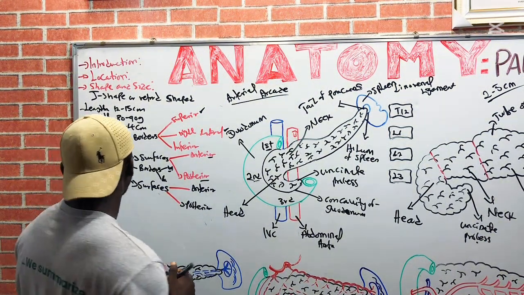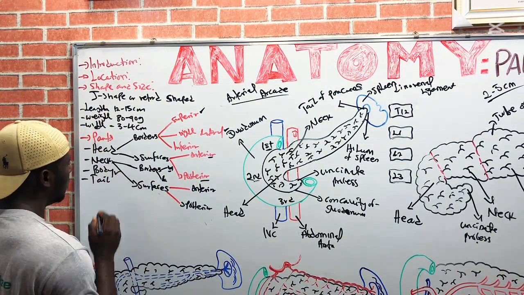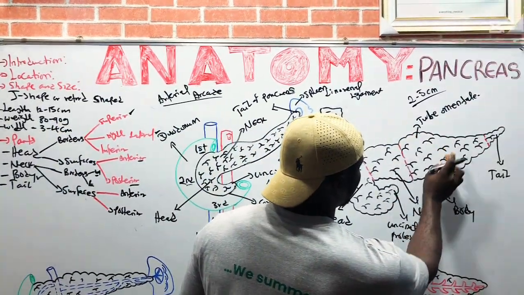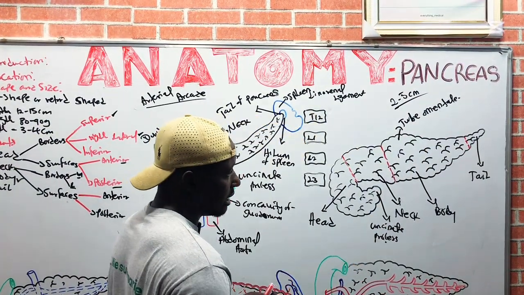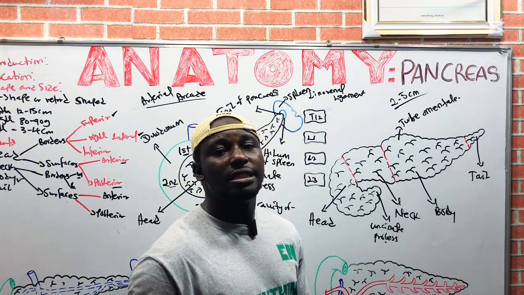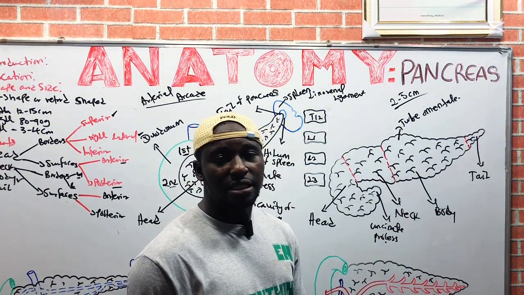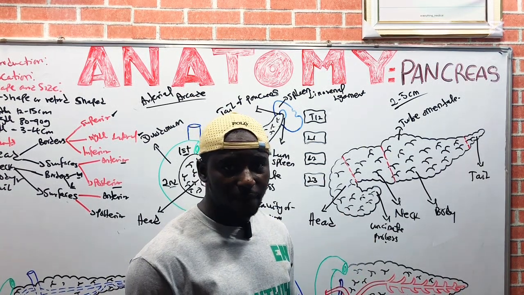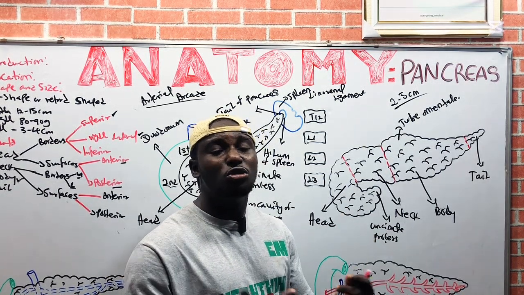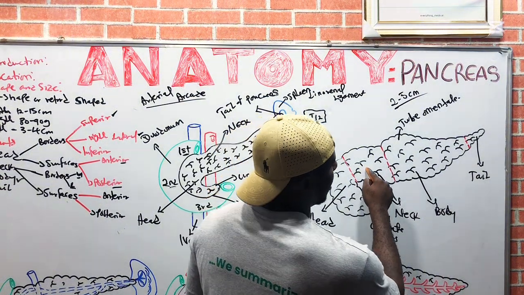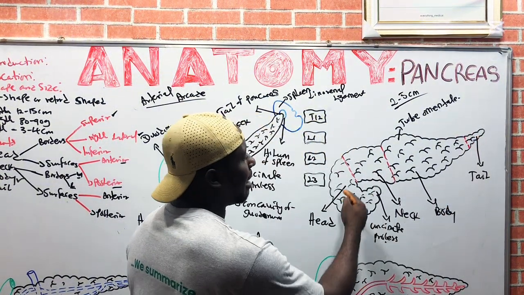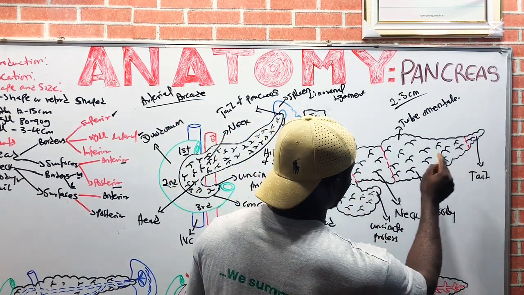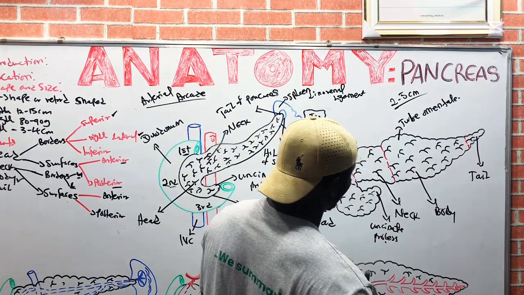Let's quickly look at the body. This is the body, the body of the pancreas. The body of the pancreas is an elongated part of the pancreas, which is situated between the neck and the tail of the pancreas. You can see how I partition it so that you understand it better: the head, the neck, the body, and the tail, right?